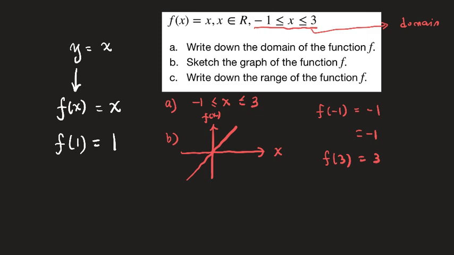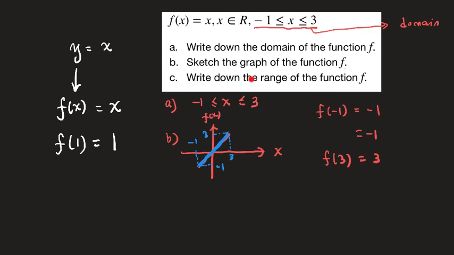It means that when x is -1, the y is -1, and when x is 3, the y is 3. So we only draw this part, okay? And the rest of this part, we can remove. All right? Okay, so this is basically for part b.